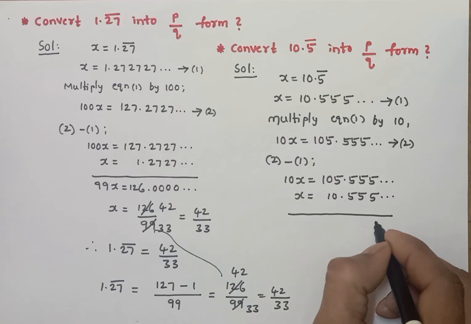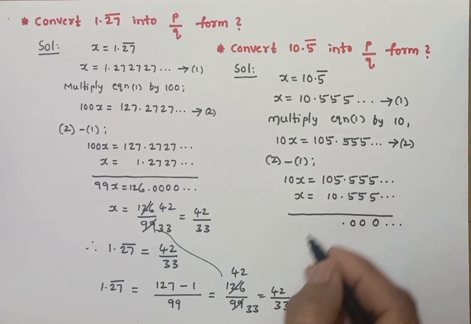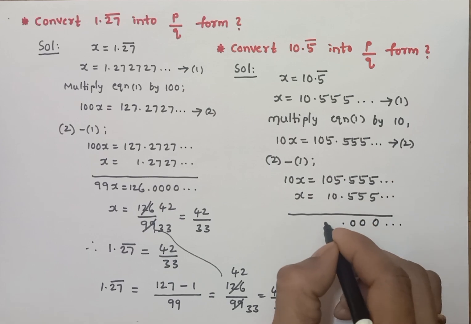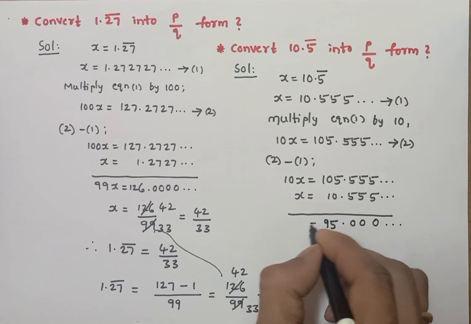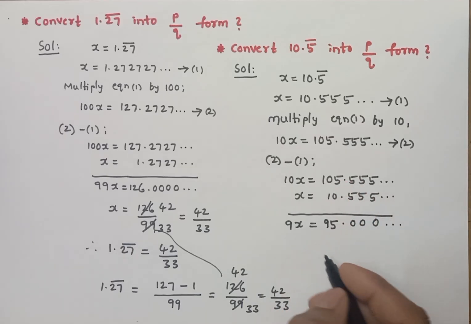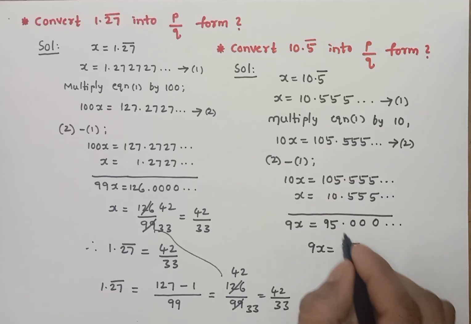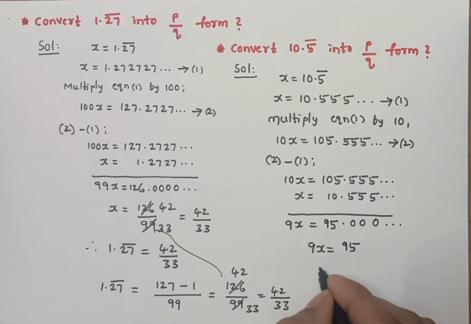Subtracting, the decimal parts become zeros, and 105 minus 10 gives 95, so 9x = 95. After the decimal point, if you have zeros, we ignore them. x = 95 divided by 9. What is x we have taken? Therefore 10.5 bar equals 95 by 9.